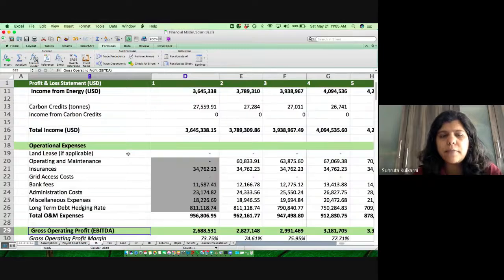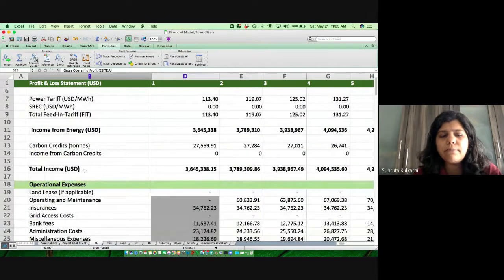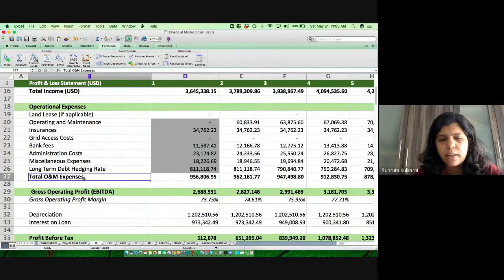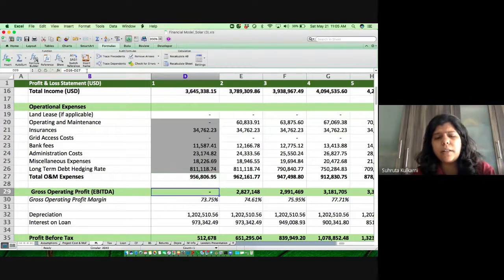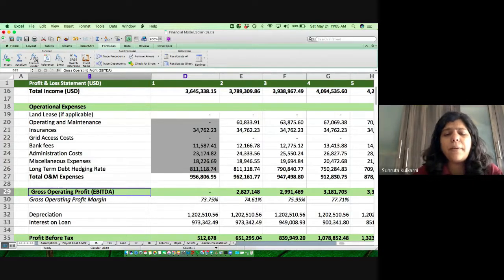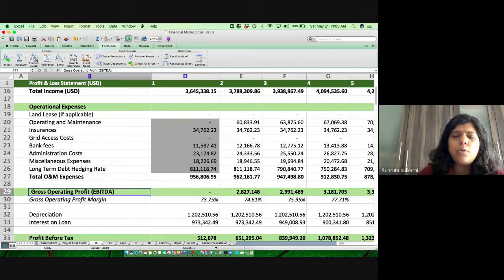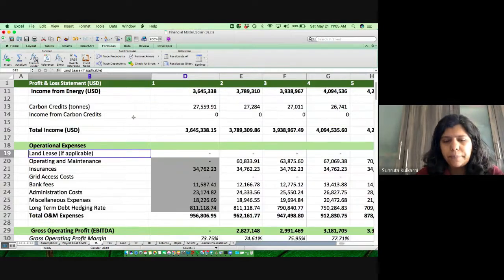It is basically your total income minus your total expenses. If you look at this, it is simply D16 minus D27. This is also called gross operating profit, how much expenses you incur to earn your revenues. That is what comes from your EBITDA.